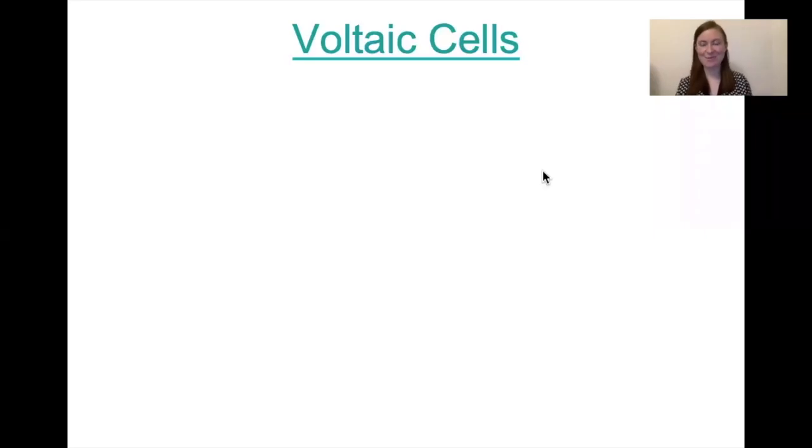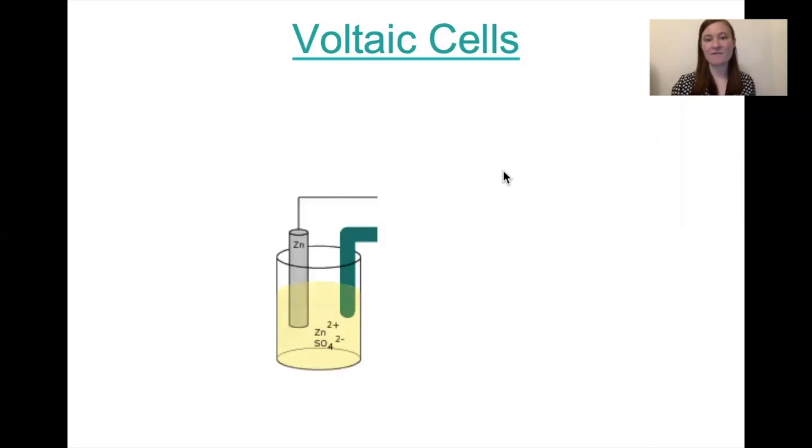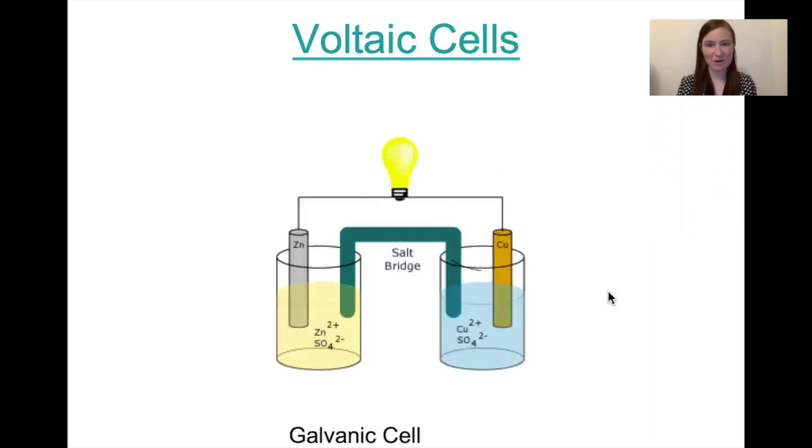Okay, so I'm back in PowerPoint. Let's take a look at a schematic of a voltaic cell. So you can see that this is actually almost identical to the setup we had in the video. It's done in cartoon form instead of an actual live version, but it's basically exactly the same. So we have one beaker with a zinc strip in a zinc solution.